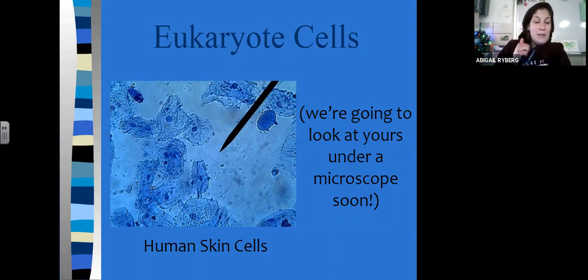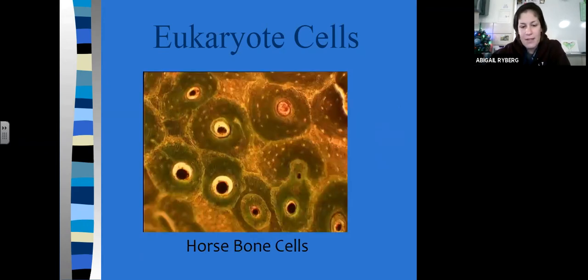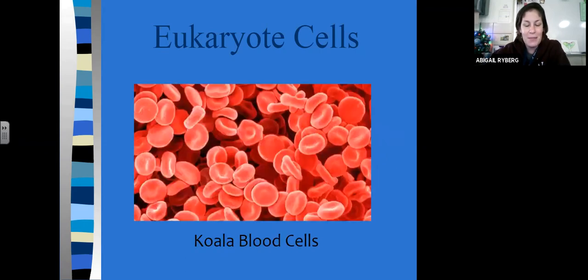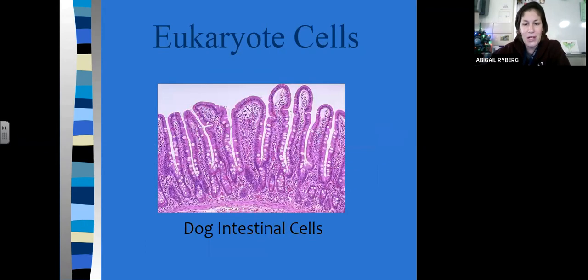It would look really similar to the picture on this slide. You can actually see your very own cheek cells and the nuclei in those cells. There are some horse bone cells, kind of pretty. Koala red blood cells. Dog intestinal cells.